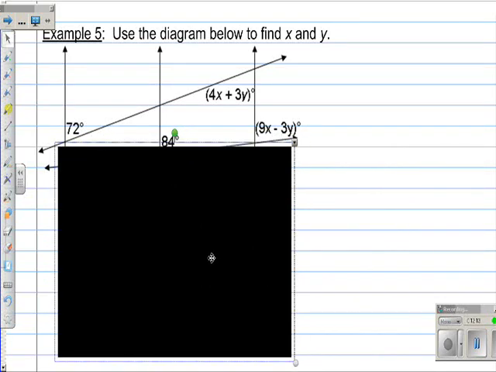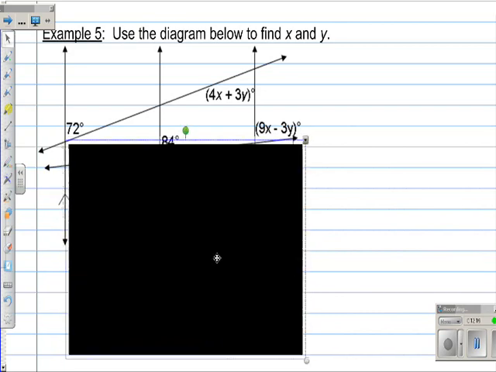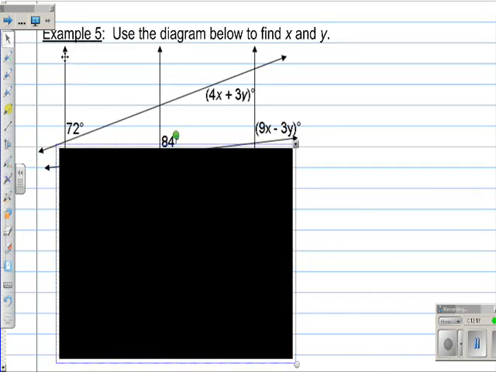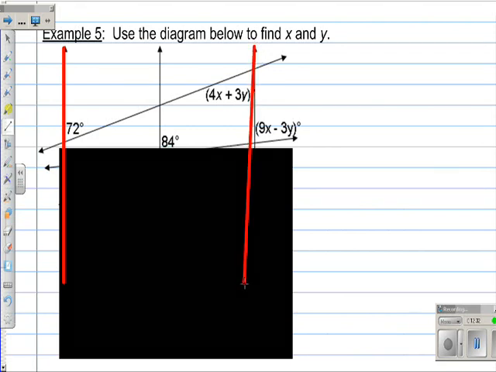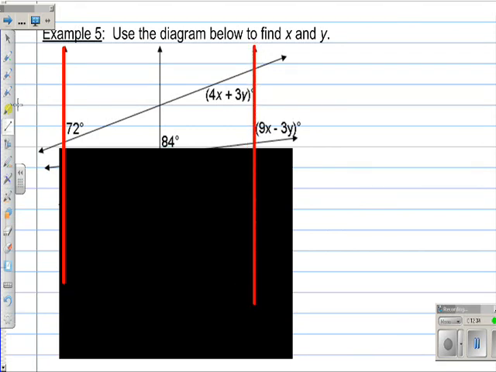So if you were to cover up these bottom ones, which I'm having a hard time doing all the way, you can see that this line right here, that's going to be one of the parallel lines. And we're also looking at this line right here. Those are your parallel lines, and this right here is your transversal, okay?